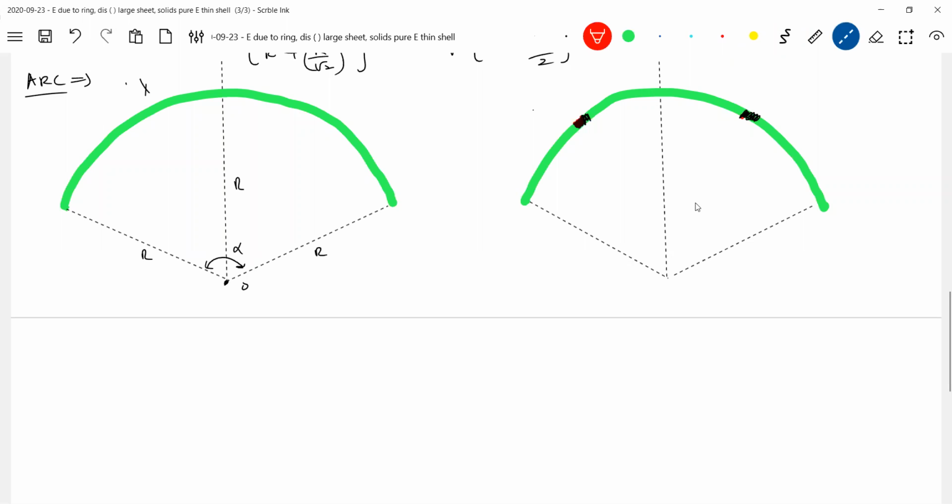So the two elements will subtend an angle. So let the mass of that be dm.